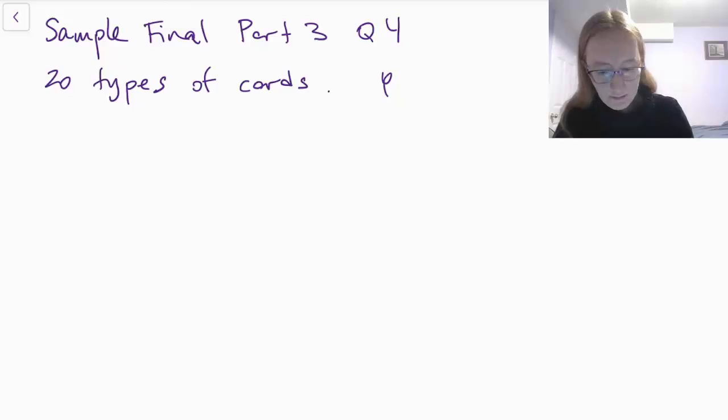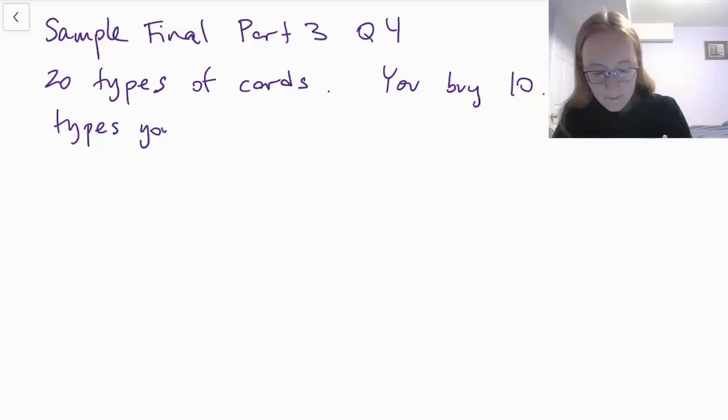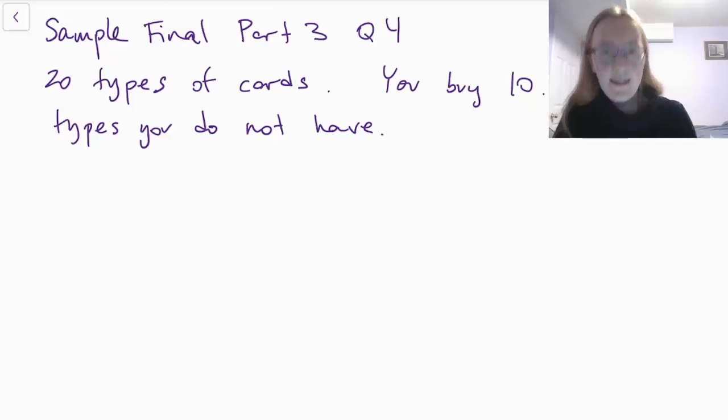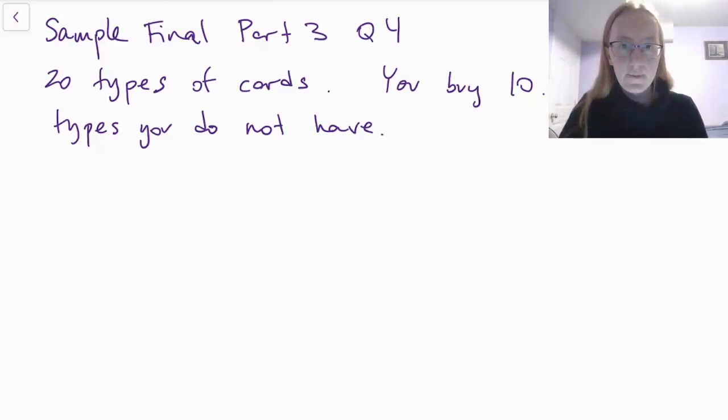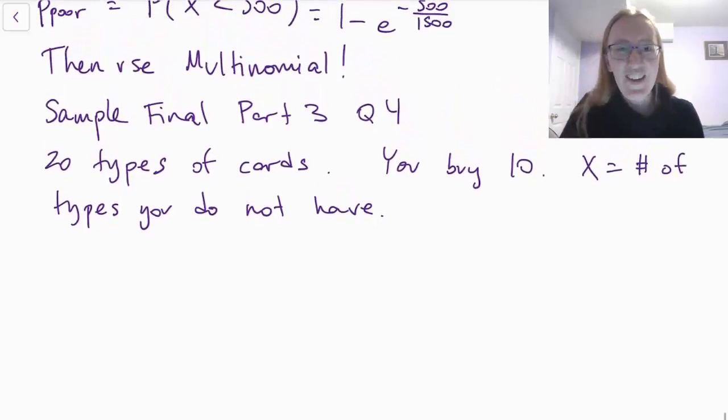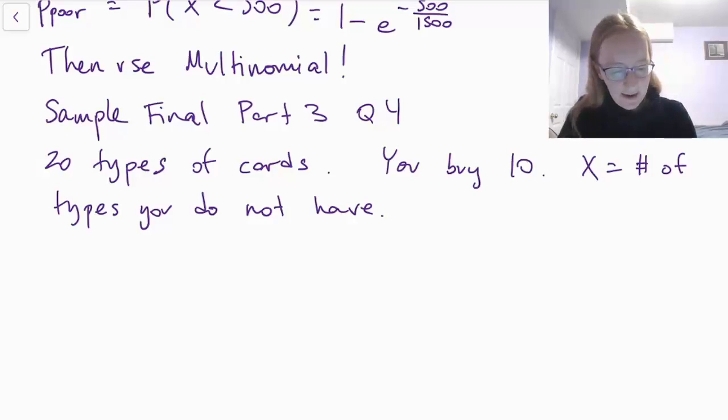So that was supposed to be a Y. You buy 10. And X equals the number of types you do not have. And then find the mean. Oh, sorry. My face is in the way again. There we go. X is the number of types you do not have, and we want the mean and variance of X.